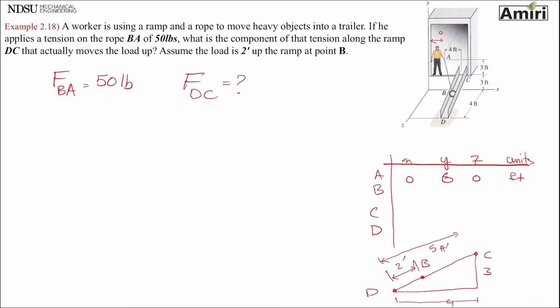So we want the Y and Z of point B. We've got to use similar triangles.